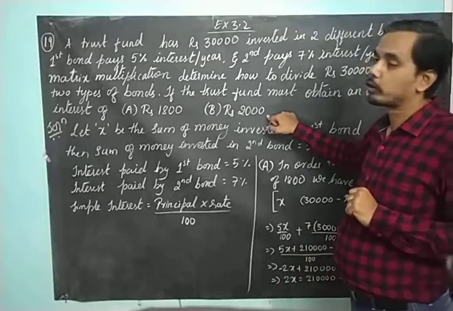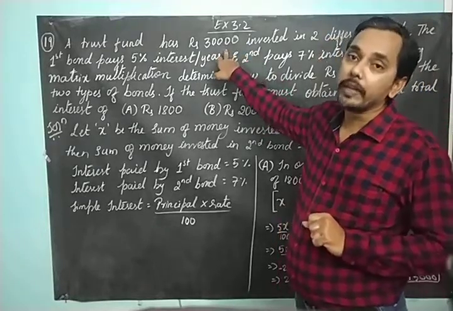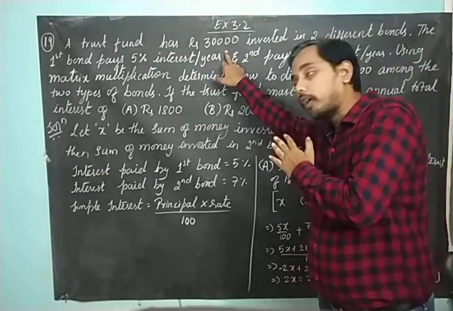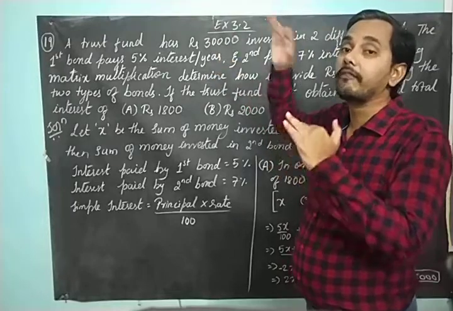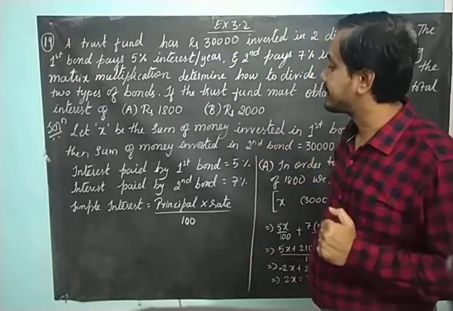Similarly, if you want to earn 2000 rupees interest, how much of this 30,000 should be invested in bond A, the first bond, and how much in bond B, the second bond? Okay, let us see about that.